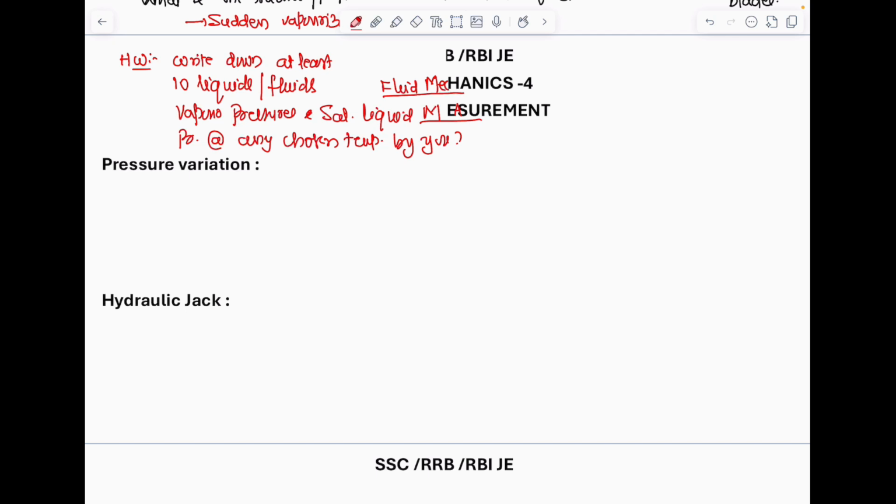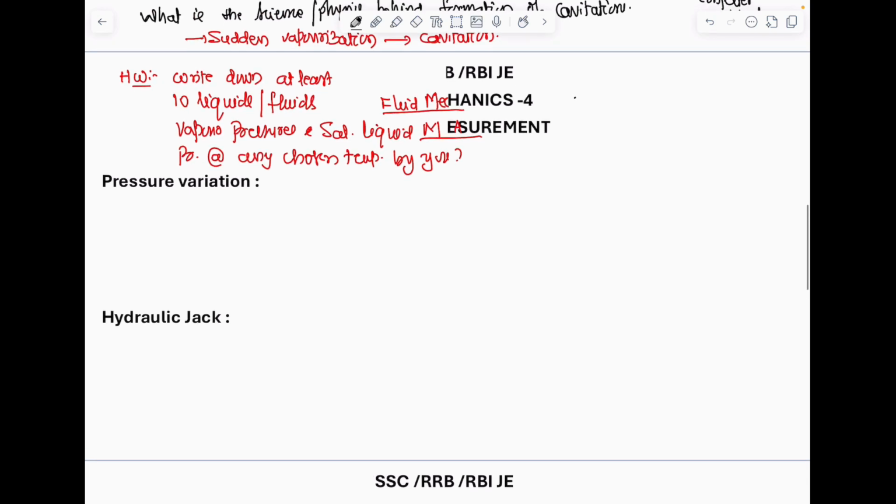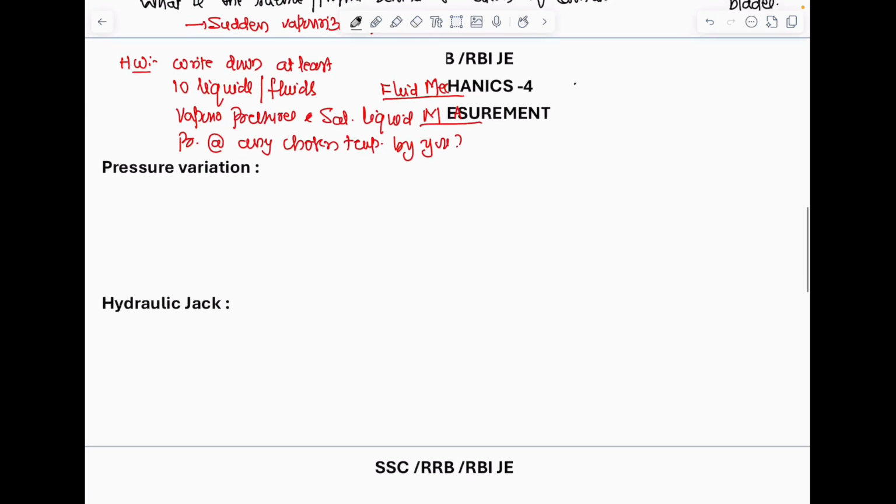Now, we will go to the next topic, that is pressure variation. We have already seen pressure varies with depth.